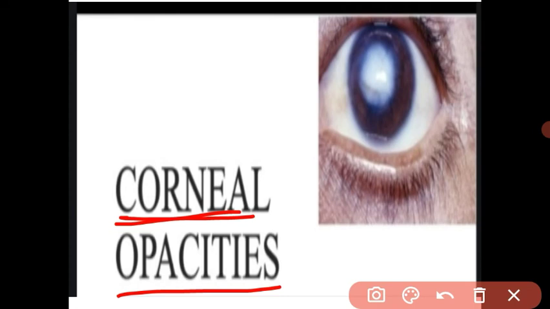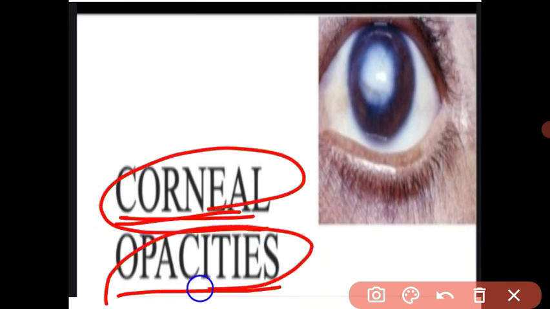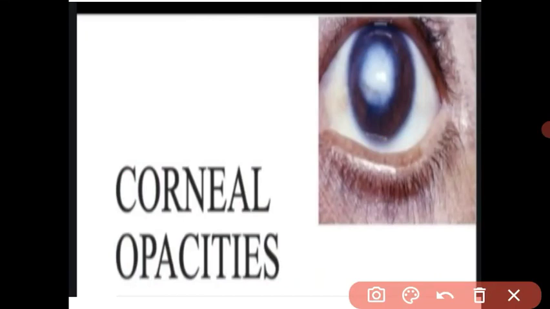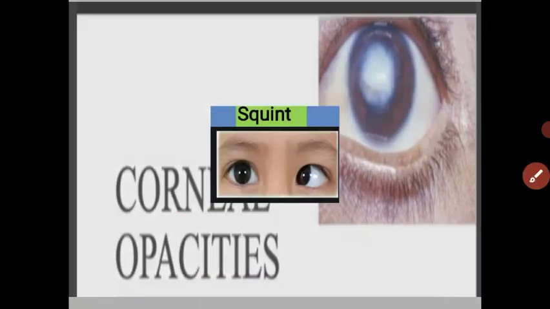If it is not corrected in time, the person becomes blind. At that time the defective cornea is replaced by implanting a healthy cornea from a donor, a healthy person. And how is it corrected? By implanting the healthy cornea from the donor. Understood? Corneal opacity.